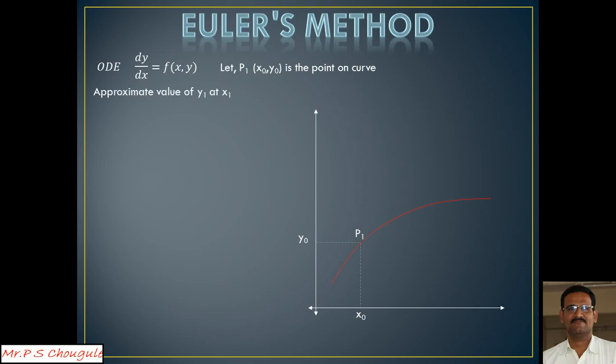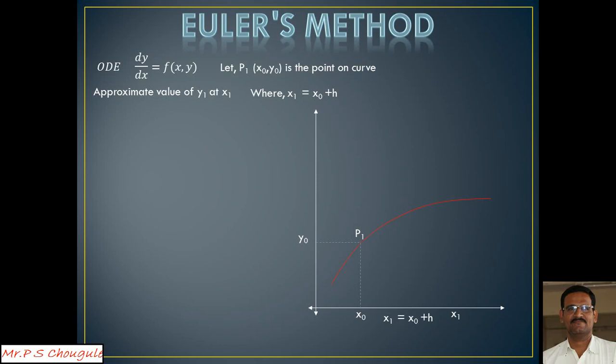Now to find the approximate value of y1 at x1, what we have to do is consider the step size, which is equal to h. That means if I want to plot x1, it is equal to x0 plus h. So after x0 plus h, we will get the point x1, and at that point we need to find the value of y1 on the curve.